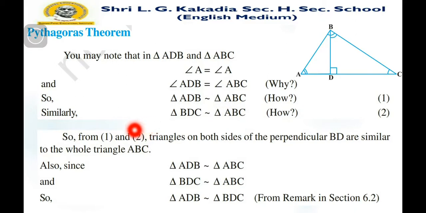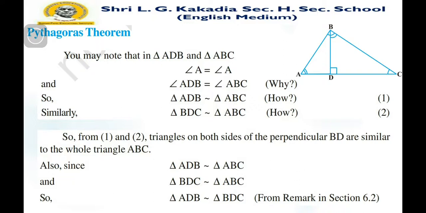Hence, both are similar to each other. Since ADB is similar to ABC and BDC is similar to ABC, we can say that triangle ADB is similar to triangle BDC.